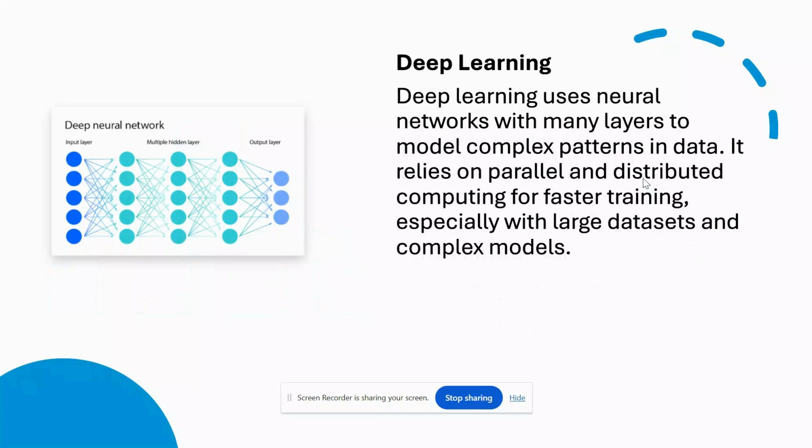Coming to deep learning, it is a subfield of artificial intelligence and machine learning, and it actually mimics the human brain. In the human brain there are billions of neurons. Each neuron is a single entity, and these neurons are connected with each other.